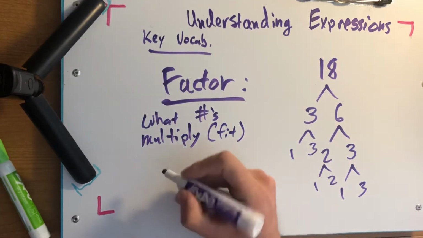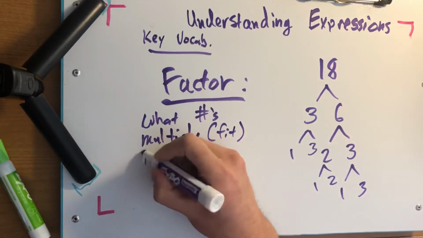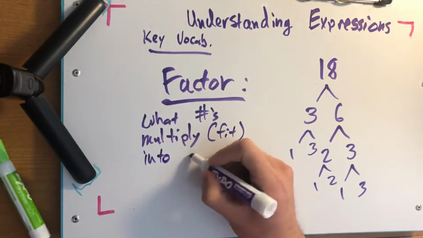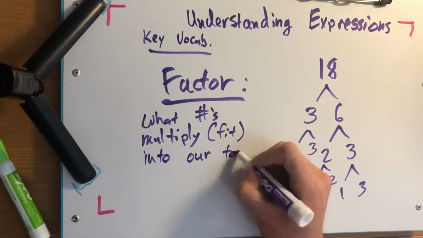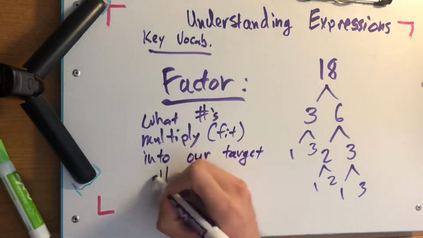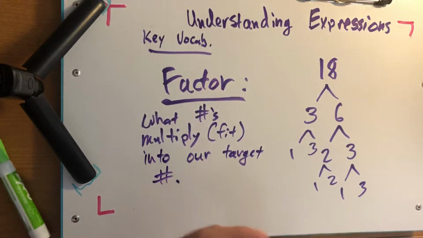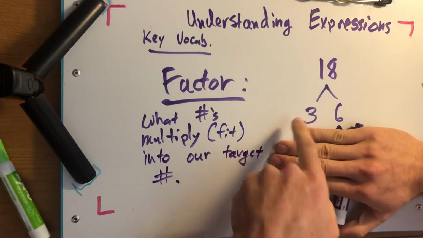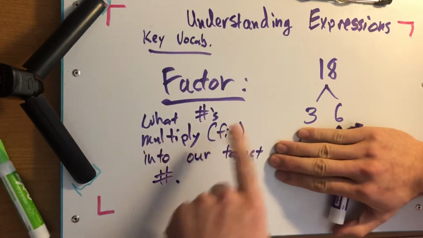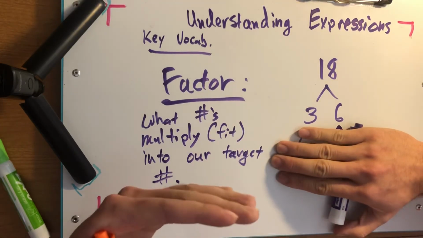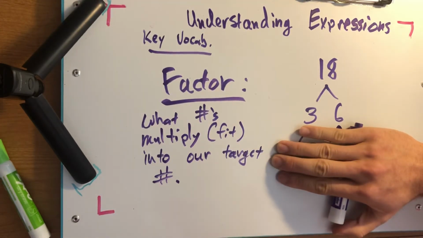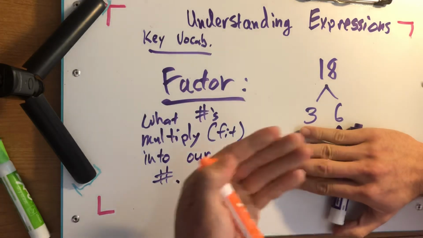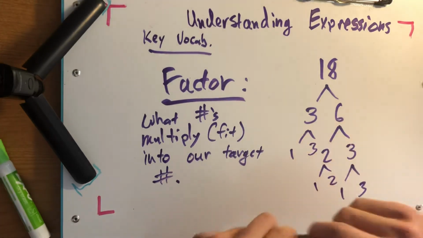What numbers multiply into our target number. All right, so if we have 18, we knew that 3 times 6 is 18, so we could say that 3 and 6 multiplied together fit inside 18. Those are numbers that fit. We're not adding, we're multiplying those numbers together.